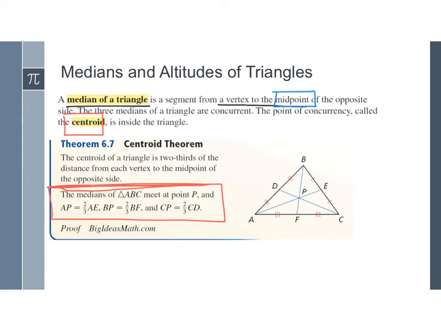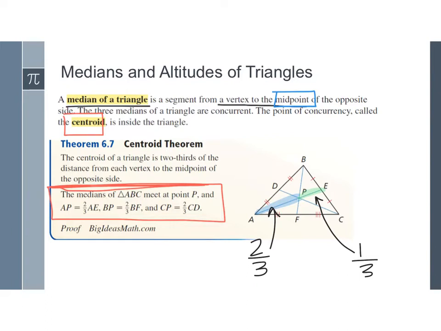What this means is that this length right here, AP, is 2/3 of the total length, okay? AP is 2/3 of the total length, which means EP is 1/3 of the total length. So we have this 2/3, and this is 1/3, because the whole length is cut up into thirds.